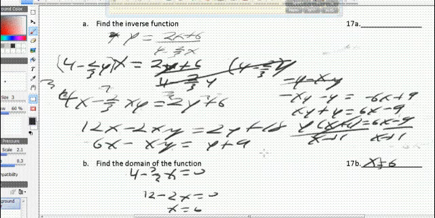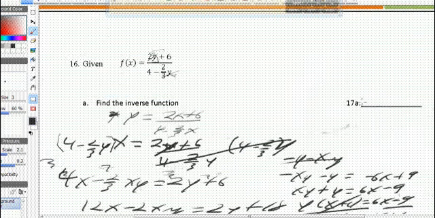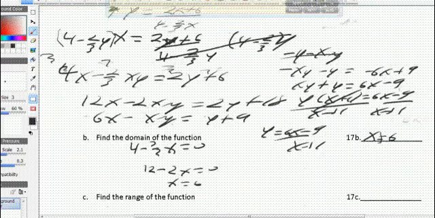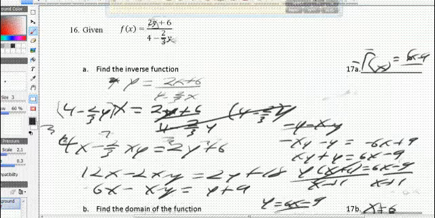Cancel. That gives me y equals 6x minus 9 over x plus 1, which tells me the inverse is 6x minus 9 over x plus 1.